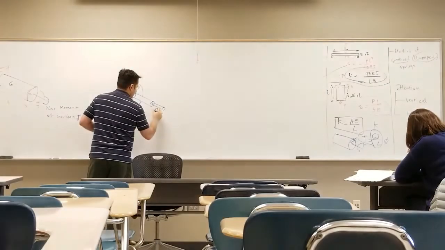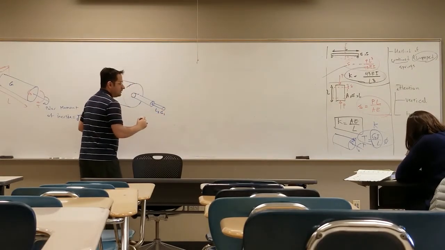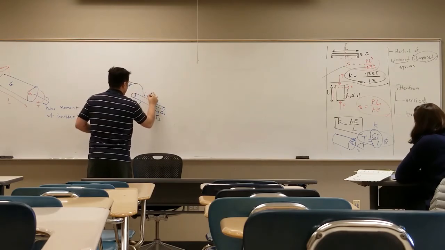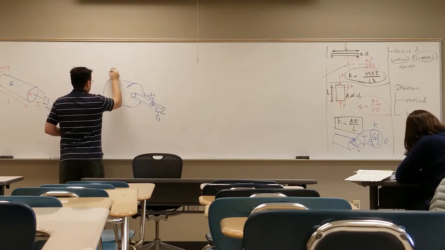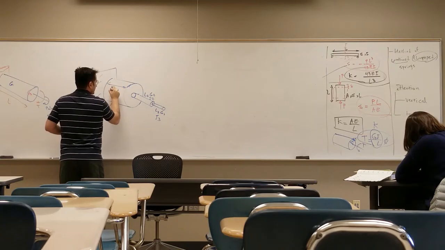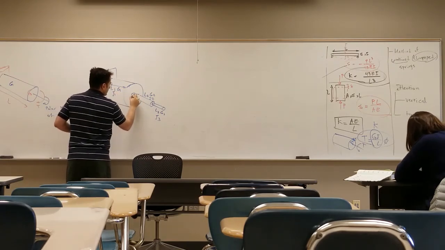So let's say this is L3, G3, J3, L2, G2, J2, L1, G1, J1.